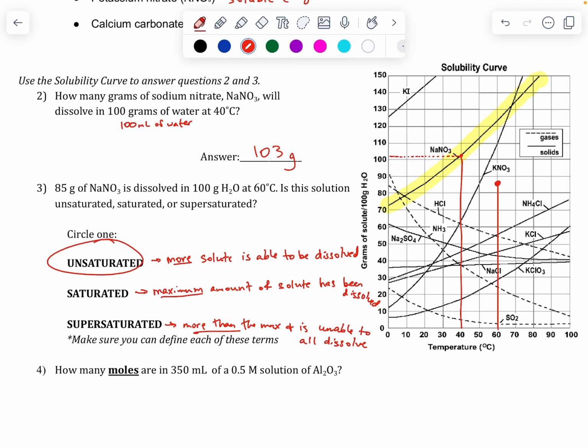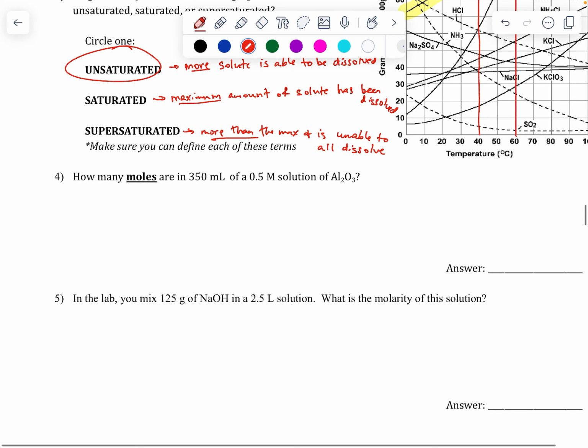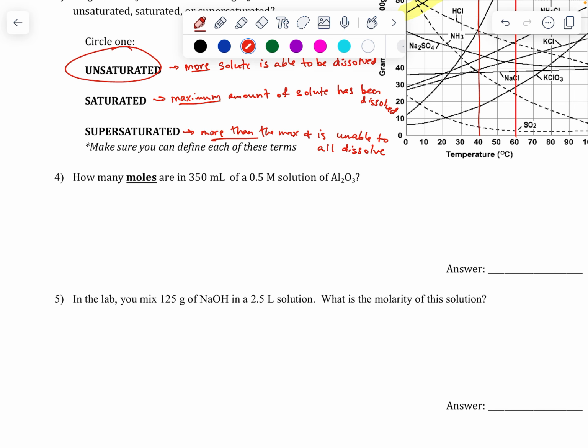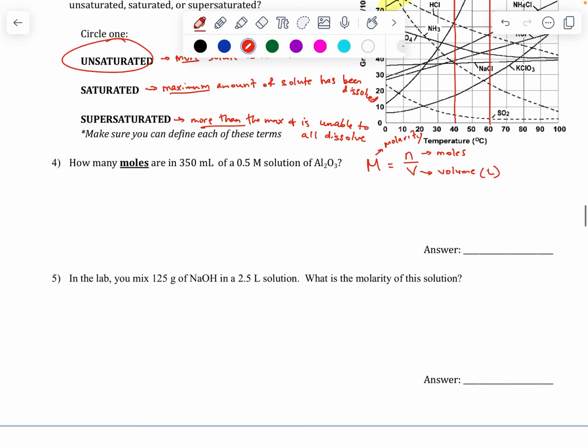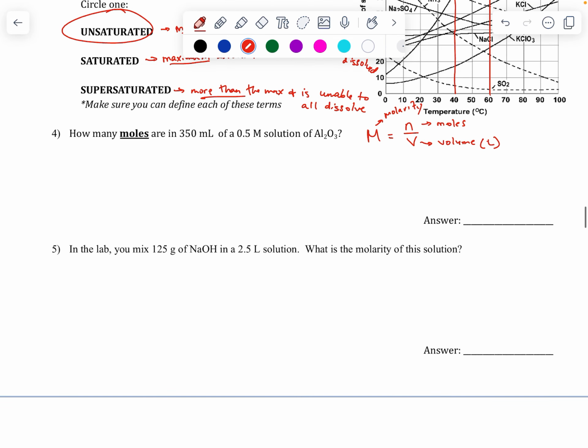This is unsaturated there. All right, so our equations for this unit, the first of which was our molarity equation. We have M equals n over V, where n represents moles, V represents volume, and of course this has to be in liters, and M is the molarity or the concentration of our substances. Looking at that, we can use the equation to help us out.